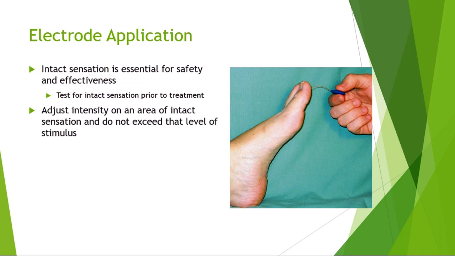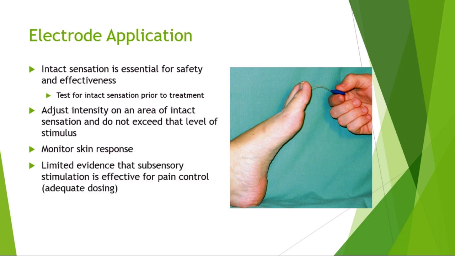A lot of times after knee surgery, someone will have areas around their incision with no or limited sensation and areas with intact sensation. So when you're adjusting your intensity, adjust it on an area of intact sensation and don't exceed that level when you're going to the area with less sensation. Hopefully that makes sense. You want to monitor the person's skin response. Is it turning their skin red? Are you getting an electrode reaction?